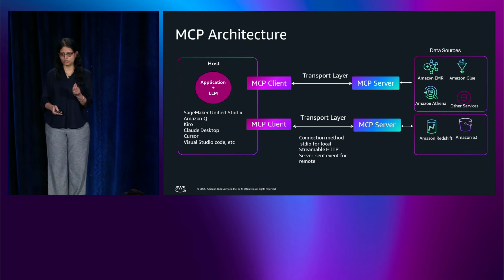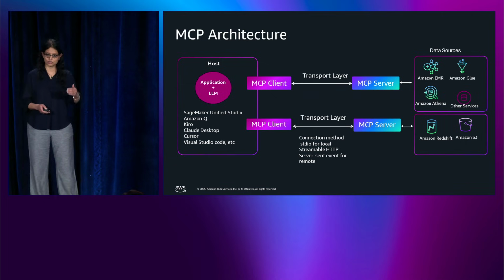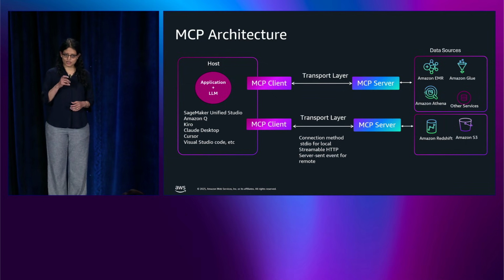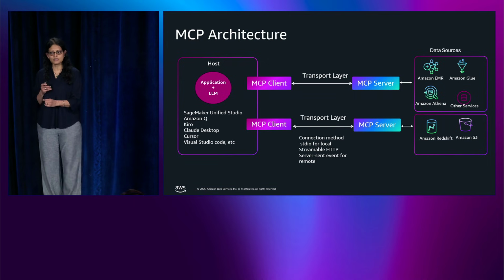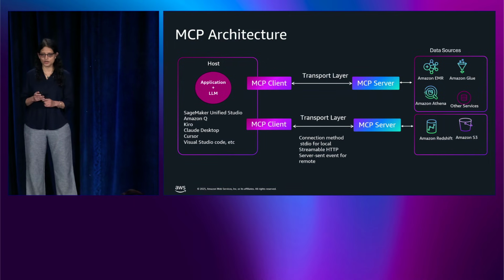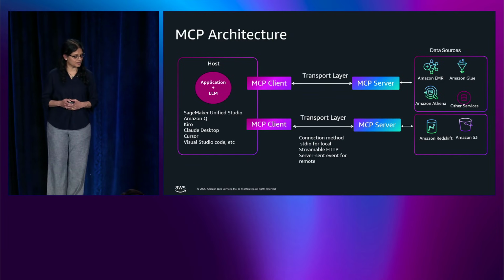The tool it wants to use is list S3, or if there is a data catalog, search through the data catalog. So the client sends that request to the server. The server is the one that is running the function to integrate with your service. Then the response is sent back from the server to the client and to the large language model, enriching the context, and it figures out the next step.